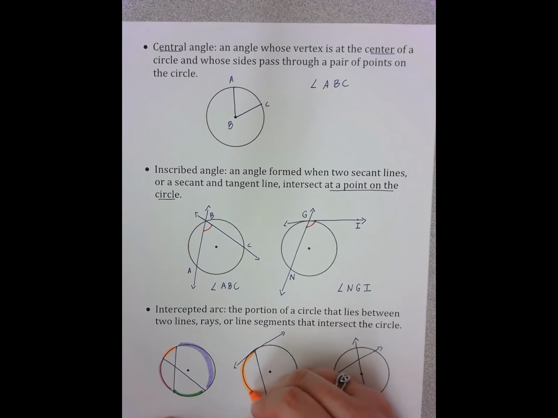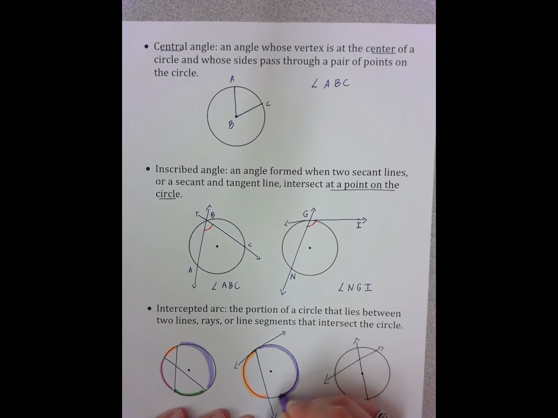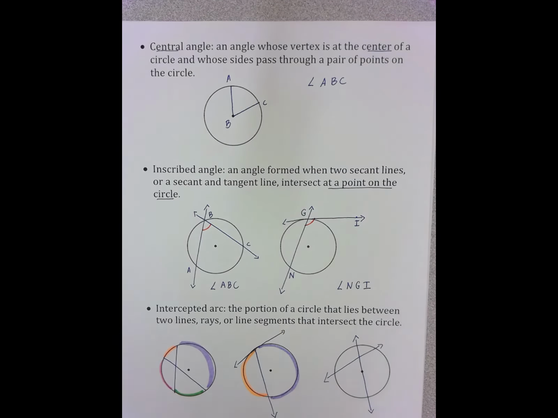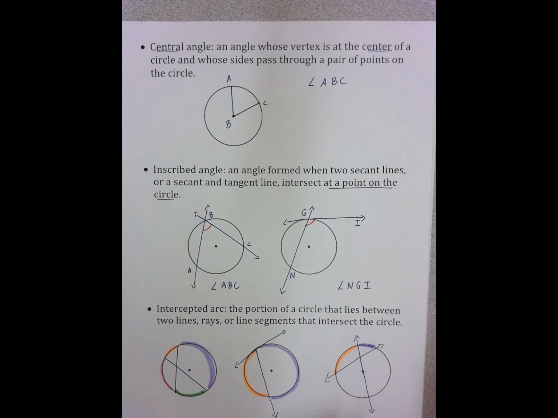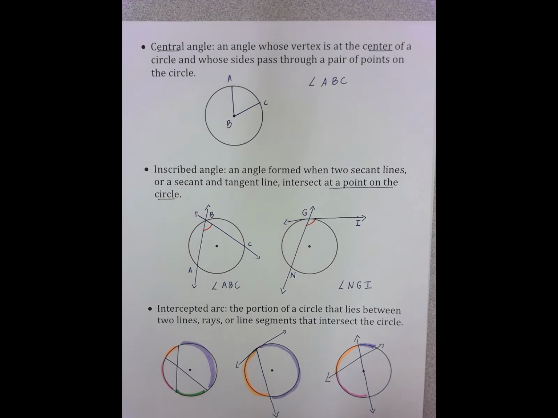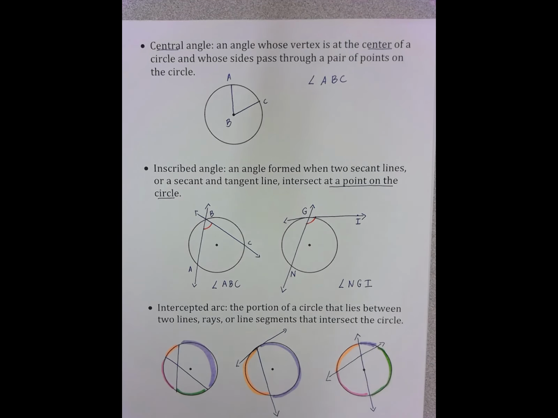I have this arc on this side and this arc on this side. And in my third, I have four again, just the way I've drawn them. You could have four, you could have two, you could have three. It just depends upon how the line segments, rays, secants, chords, tangents have been drawn. So there we have 4 intercepted arcs.